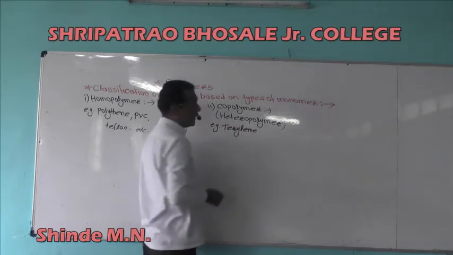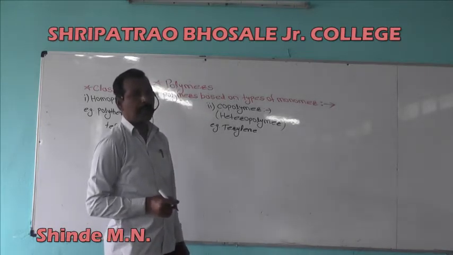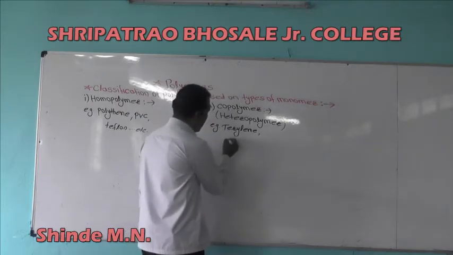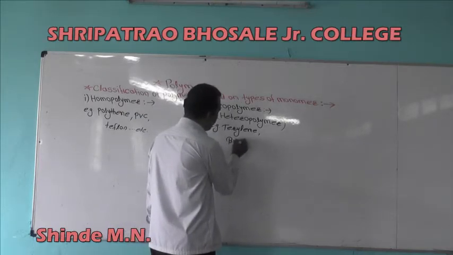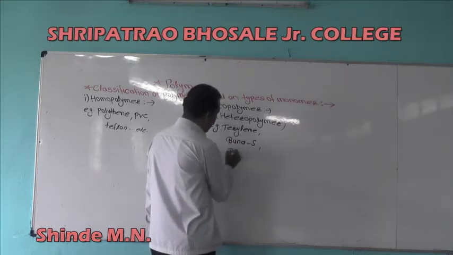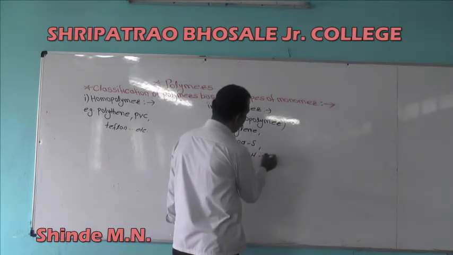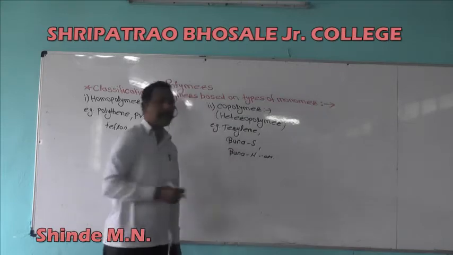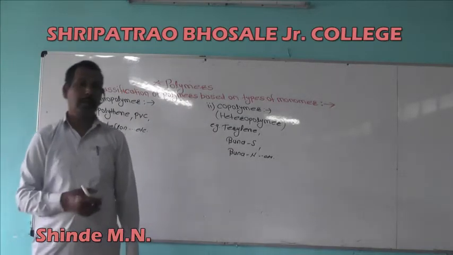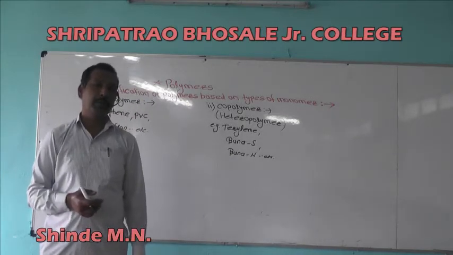For example, terylene, or polyester, we call it polyester. Or for example, nylon. Or for example, Buna-S, or Buna-N, etc. Here, styrene and butadiene are the monomers for Buna-S, and acrylonitrile and butadiene are the monomers for Buna-N.